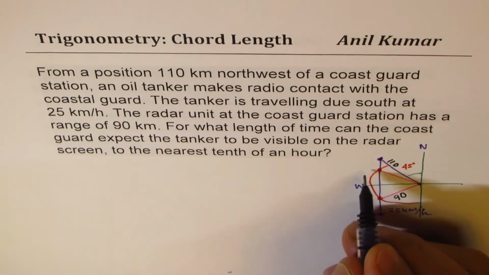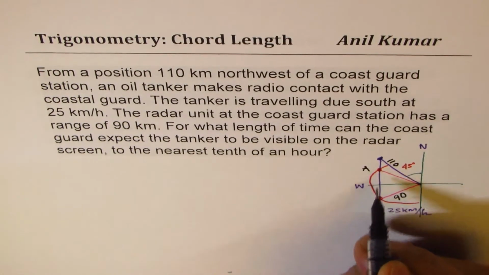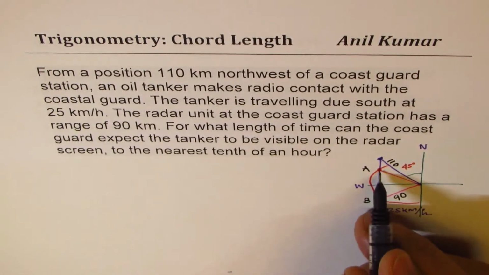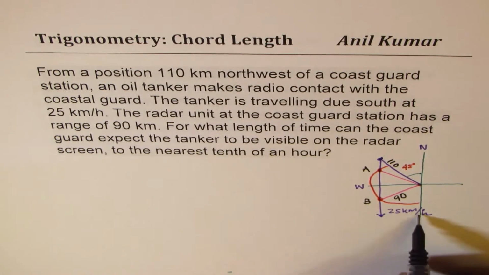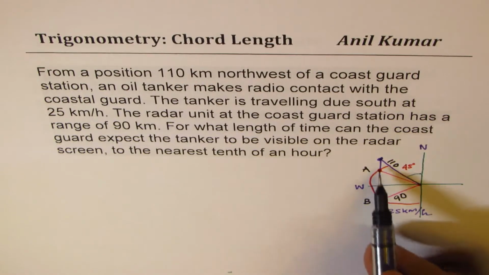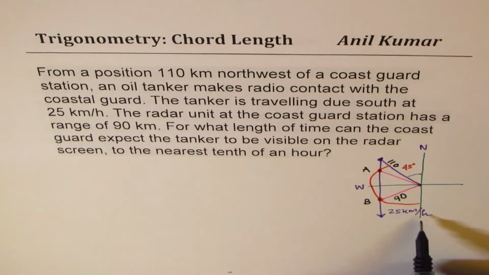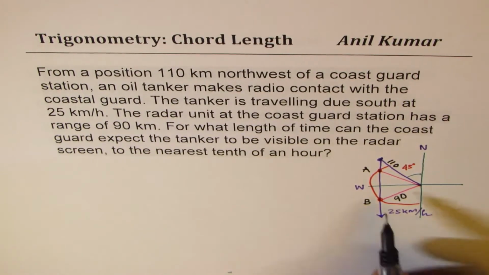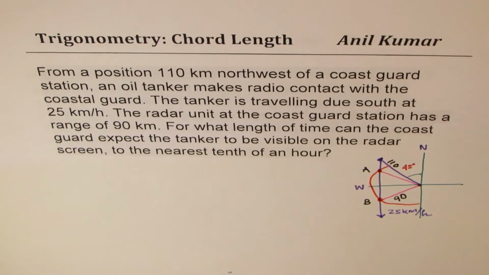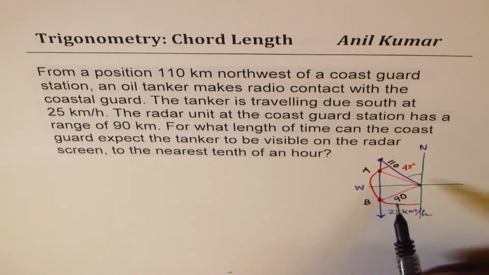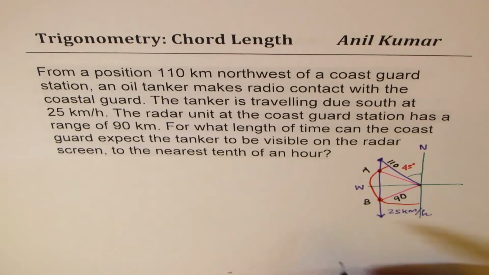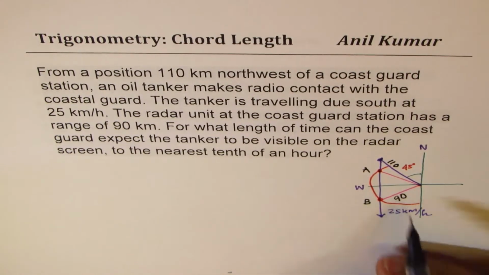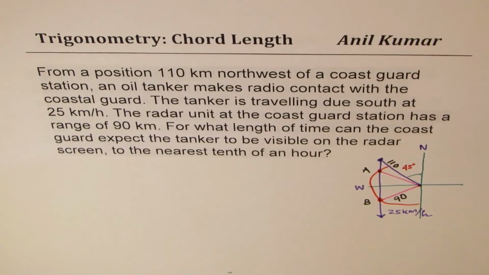That is to find first this distance, the chord length AB, and since we know the speed, we can divide this length by the speed to get time. So that is a strategy. It becomes a case of an ambiguous triangle. We have two triangles and of course a chord length, so we could apply sine law.